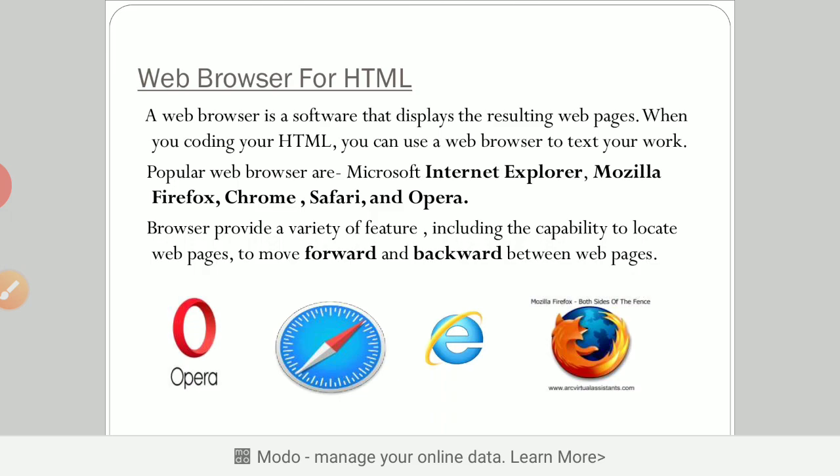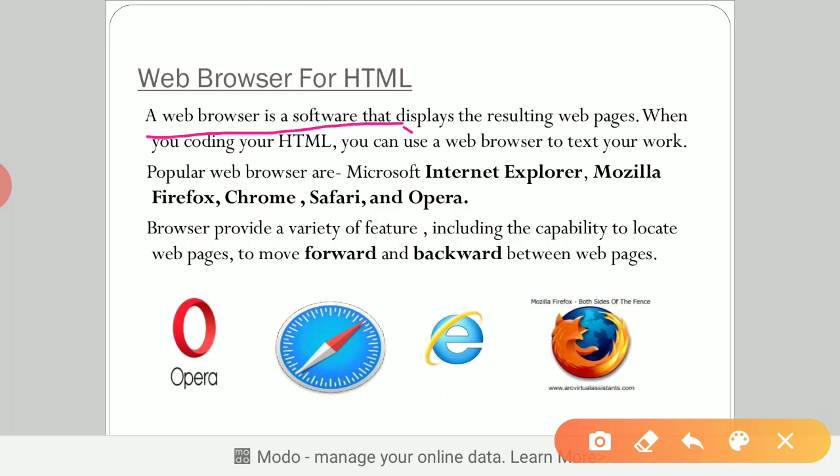In the last, what is a web browser for HTML? We already discussed the web browser. A web browser is software that displays the resulting web page. When you are coding your HTML, you can use a web browser to test your work.